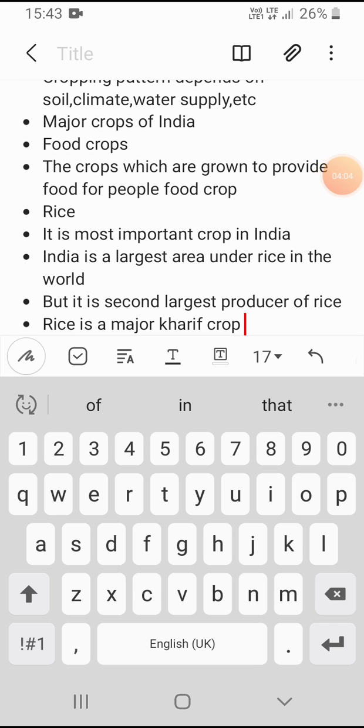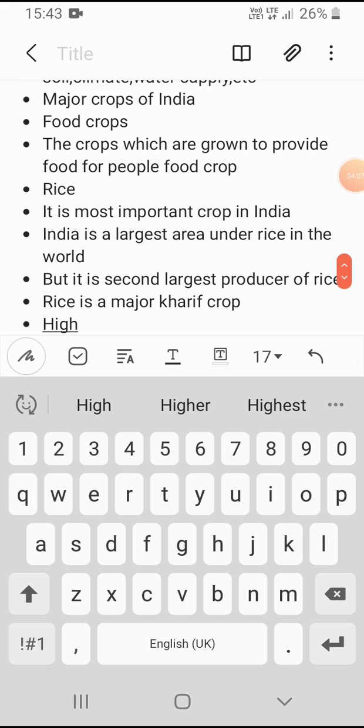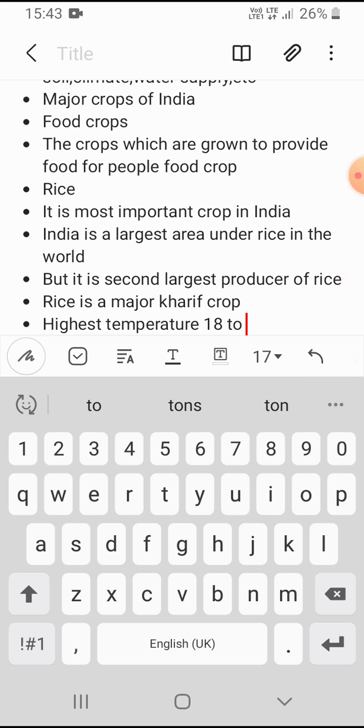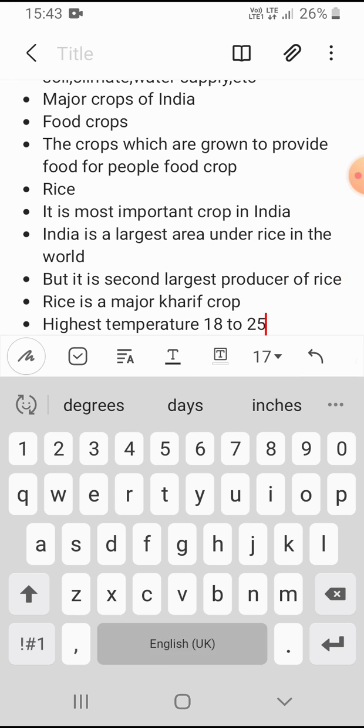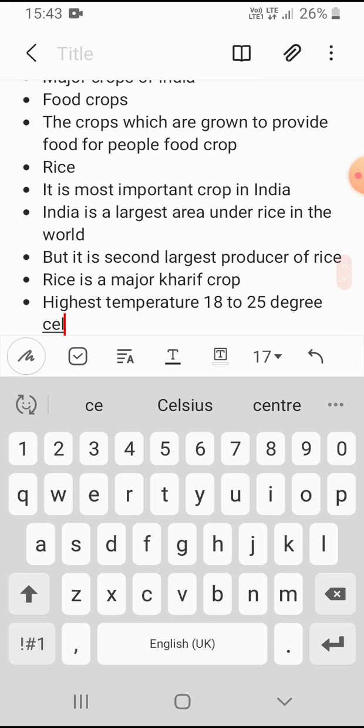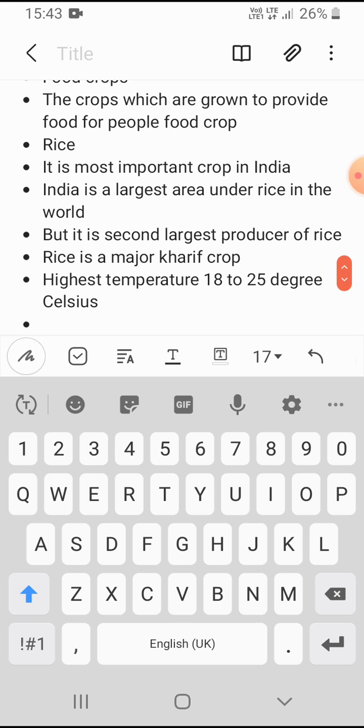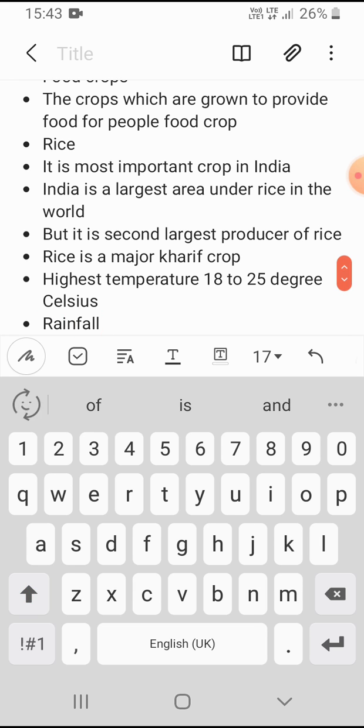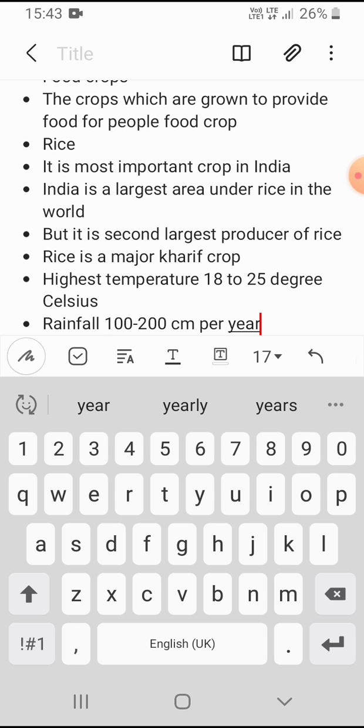It is grown where the temperature is 18 to 25 degrees Celsius, and the rainfall is 100 to 200 centimeters per year, as you learnt in your rainfall chapter.